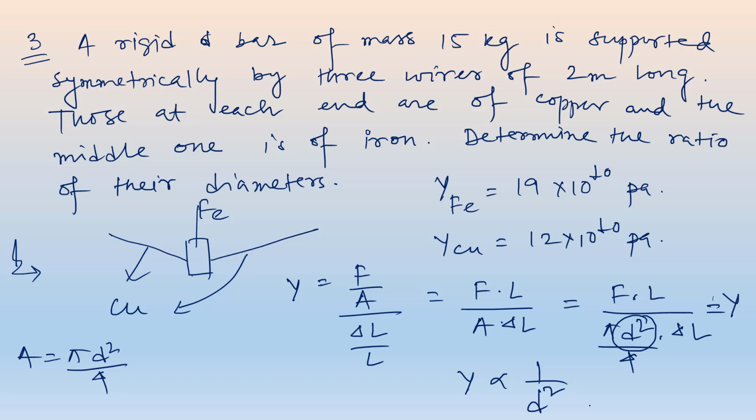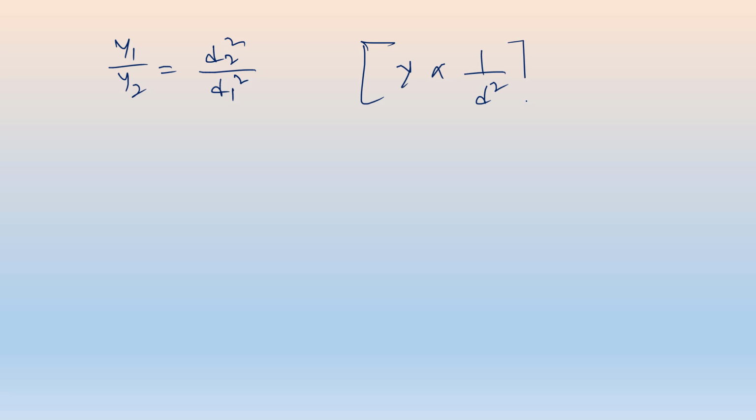So I can find the ratio as y1 by y2 equals d2 square by d1 square, because Young modulus is inversely proportional to d square. Now d2 by d1 equals root over y1 by y2, right?